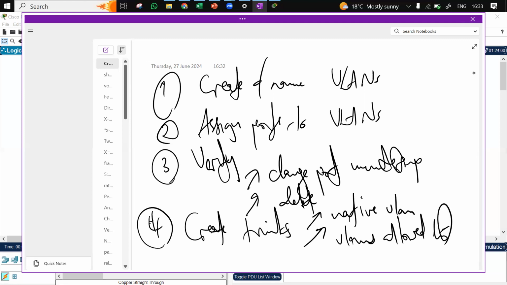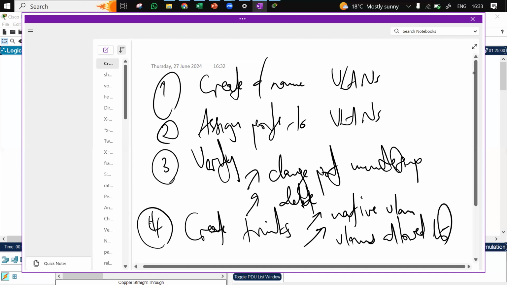Then after this, to demonstrate how my VLAN traffic and broadcasts work. To demonstrate as well, you cannot have traffic from VLAN 10 going to VLAN 20. For now, you cannot do that.